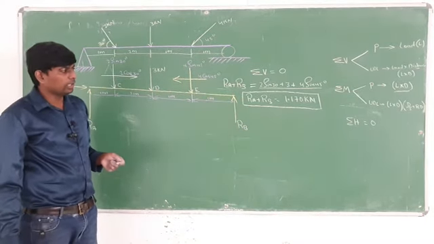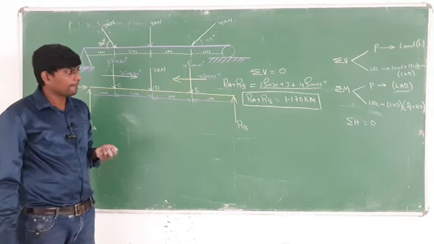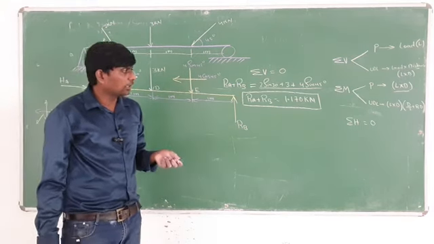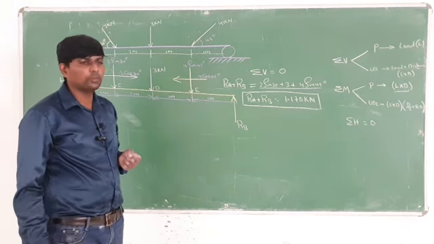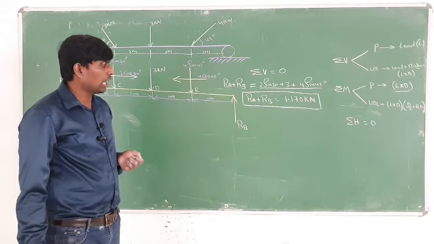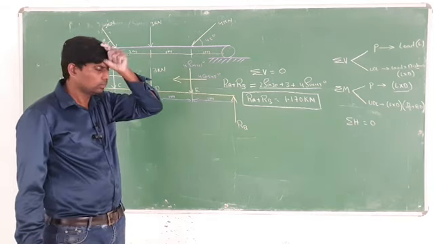RA plus RB is equal to 2 into sin 30 plus 3 plus 4 into sin 45.